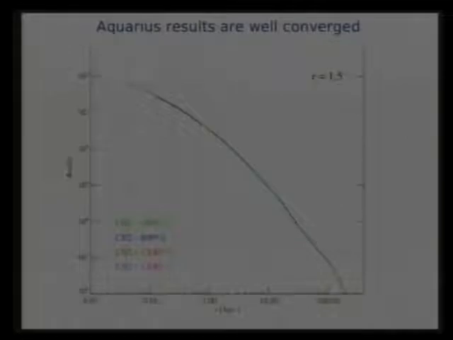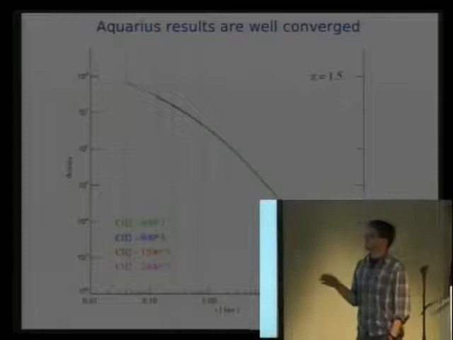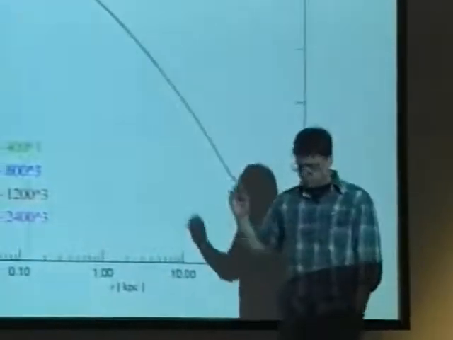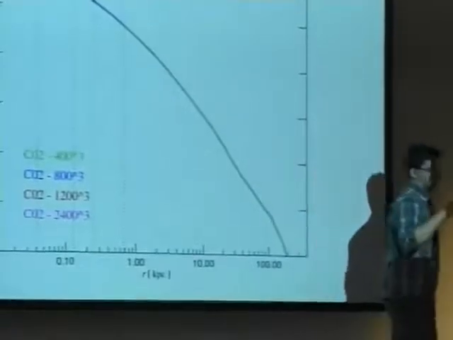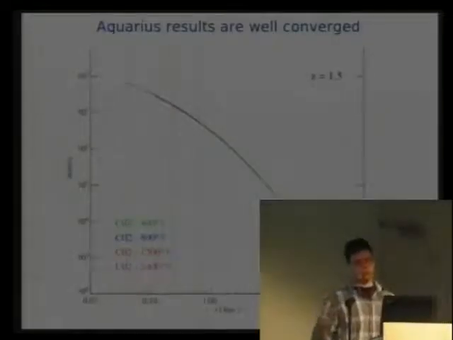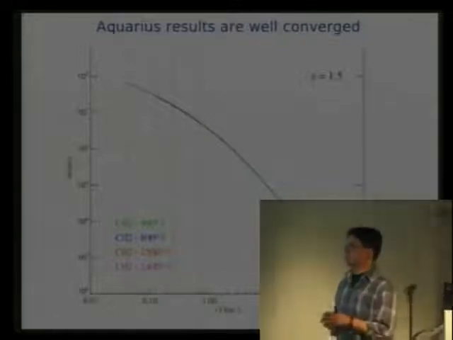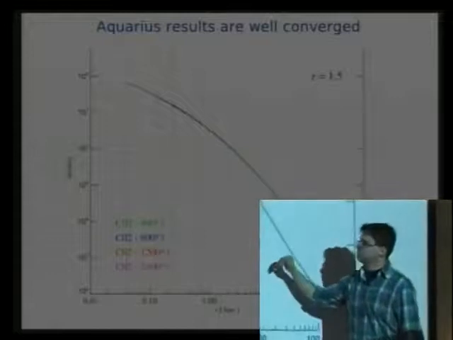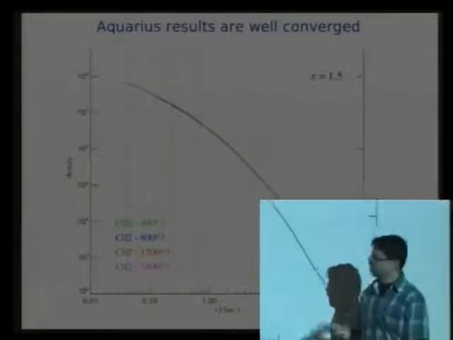And if you now look at the Aquarius simulation I showed you before, this world record simulation, and look at the density profile, a very important question is whether your results are converged or not, because we run the simulations with different numbers of particles, so with different resolutions, and it's very important that the density profile, for example, is converged. As you can see, this is the case.